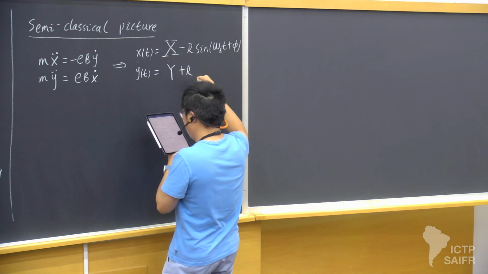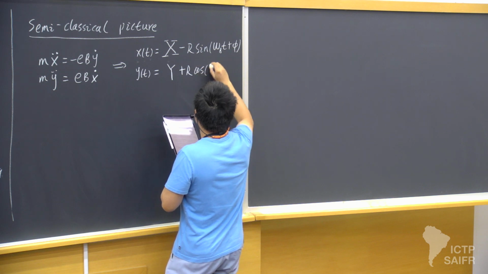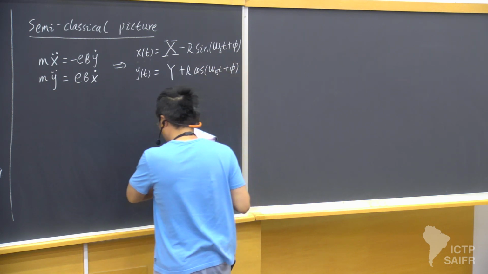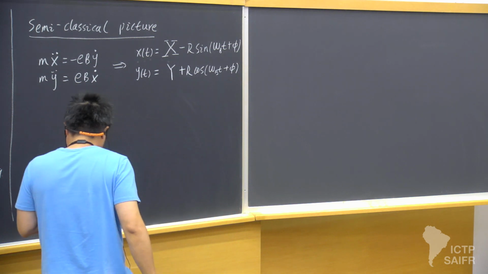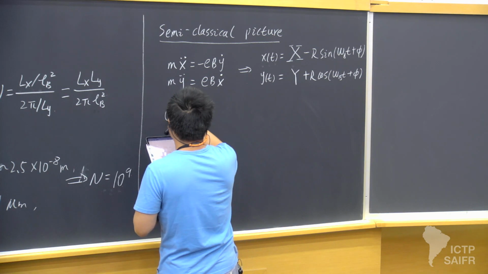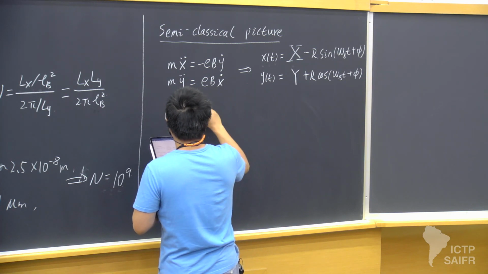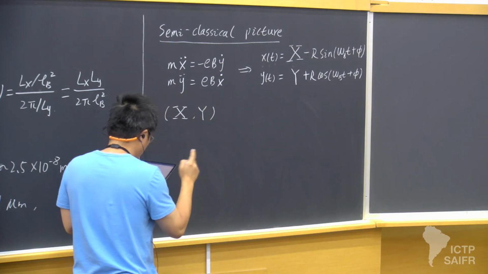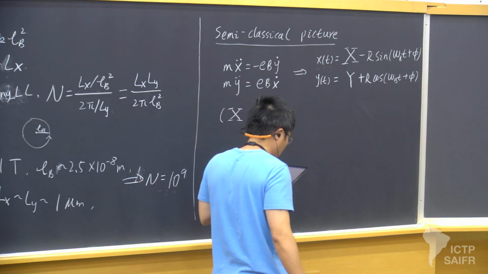So similarly, we can also have y equal to capital Y plus r times cosine of omega_b t plus phi, right? And this capital X and capital Y are really just the center of my orbit of electrons, right?